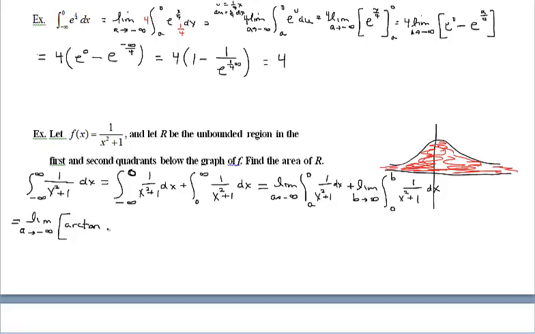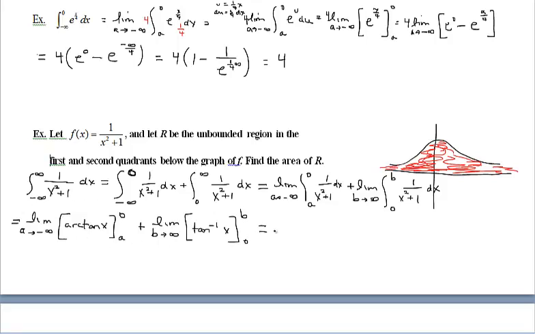Arctan of x, and we will evaluate from a to 0. And this is also arctan of x. Just thought I'd write both notations here. 0 to b.